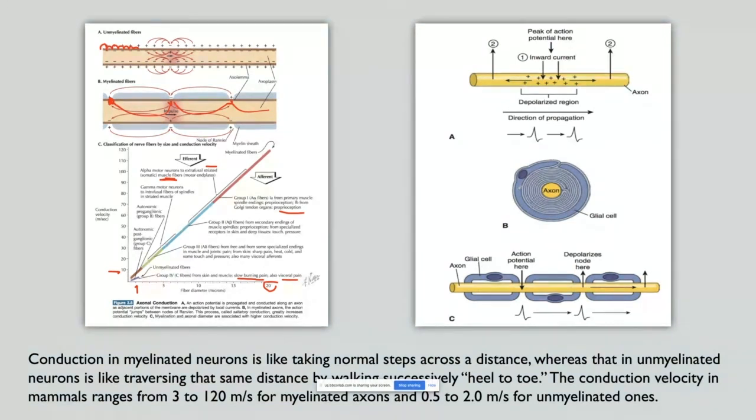So this is more or less what happens, trying to summarize the transmission and generation of action potentials. We mentioned that after the action potential is generated and reaches the axon end, something is going to happen there.